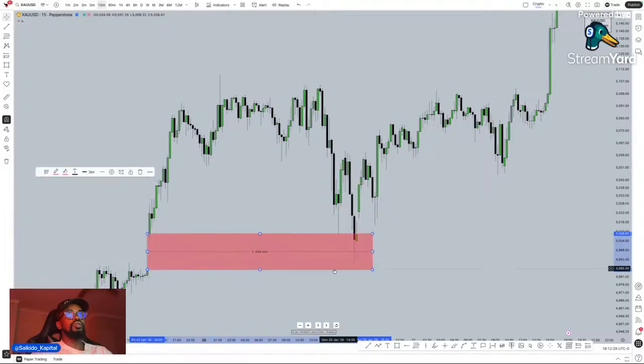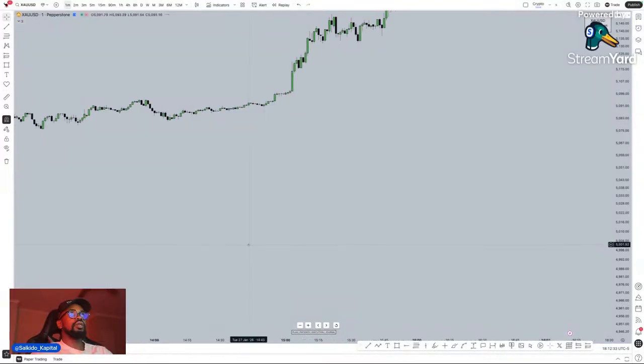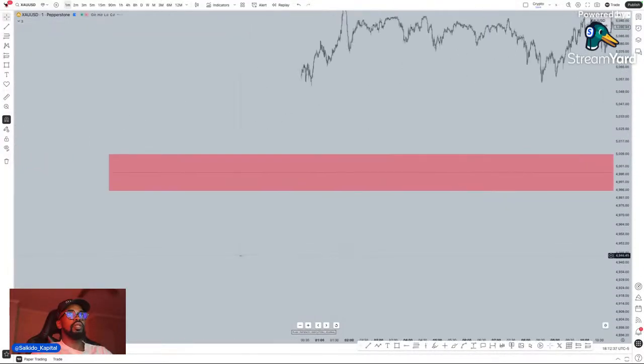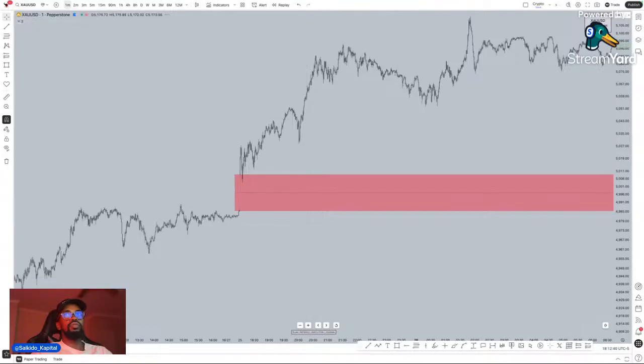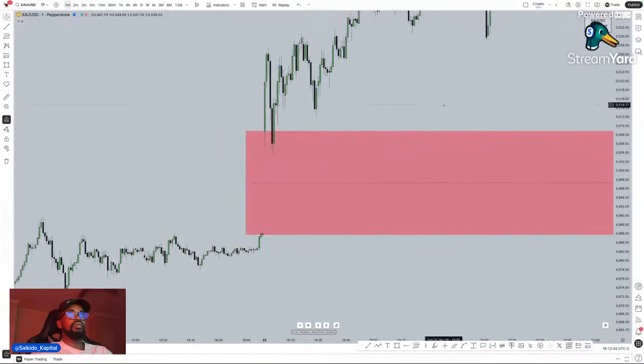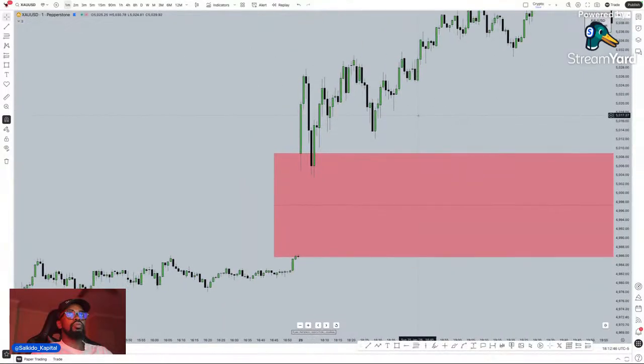So let's go to 1 minute and get the opening price and the closing price of the 1 minute candle, because that is the proper way of doing it. Because it's quite a big gap, we are going to do this.